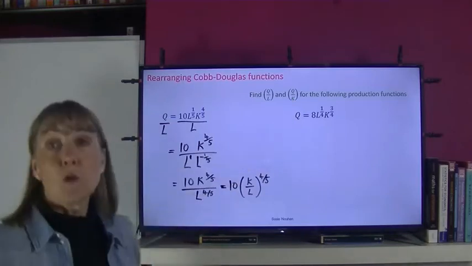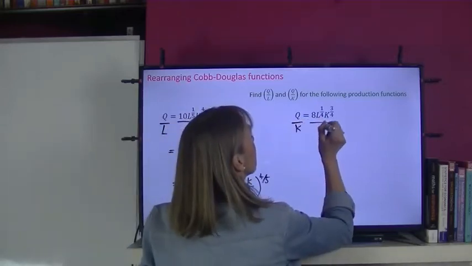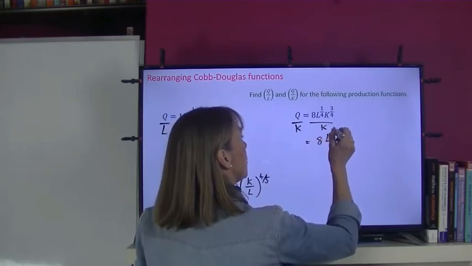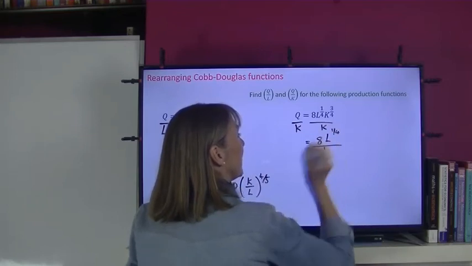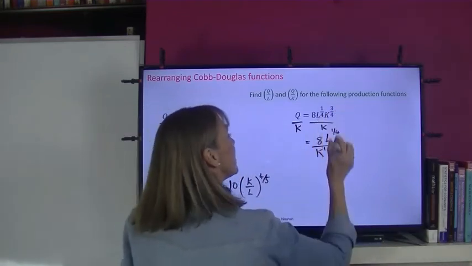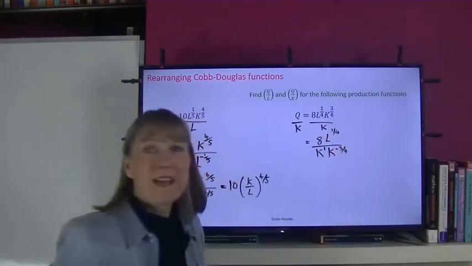This time let's do average product of capital. So I've got 8 L to the quarter. I've got my K that I put on the bottom because I wanted to divide by K. I'm going to bring this K to the bottom and make the power negative.